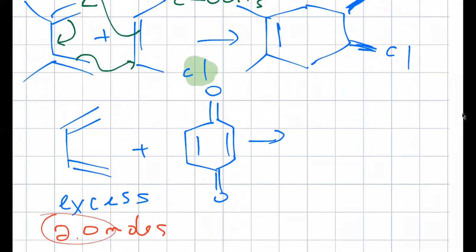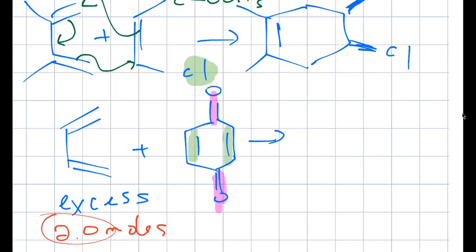It can react on both sides. Very good. Very good. It can react on both sides because you have a dienophile here as well as here. Right. So it will, and it's going to react fast because both of those dienophiles are conjugated with carbonyls. Right. So that's going to increase the rate.